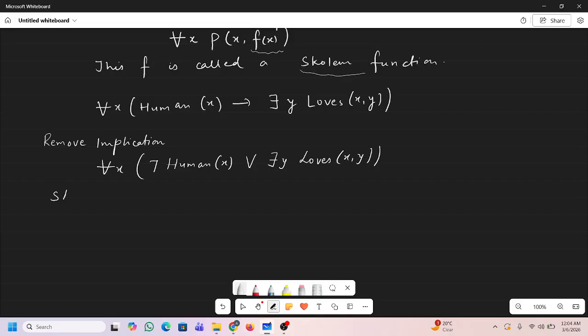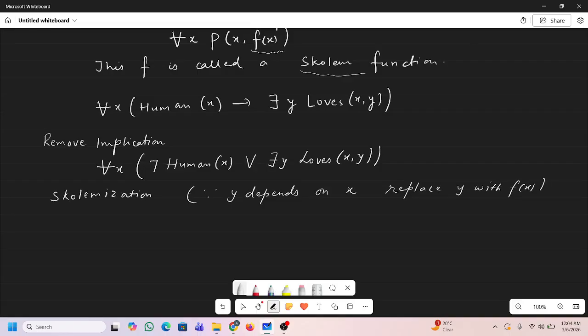Now we will do Skolemization. If we do Skolemization, we find that for all x there exists some y, that means y is dependent upon x. Since y depends on x, we can replace y with f of x.